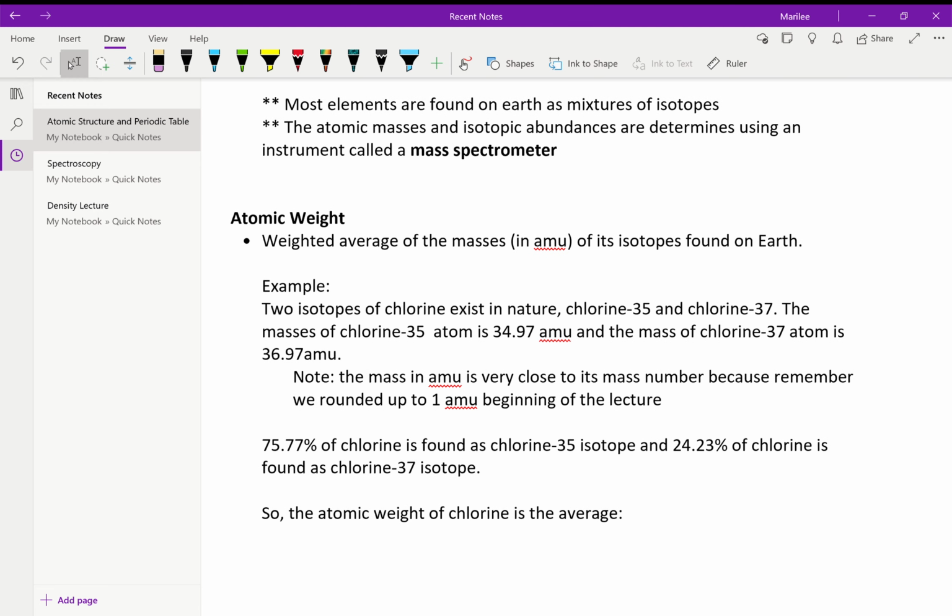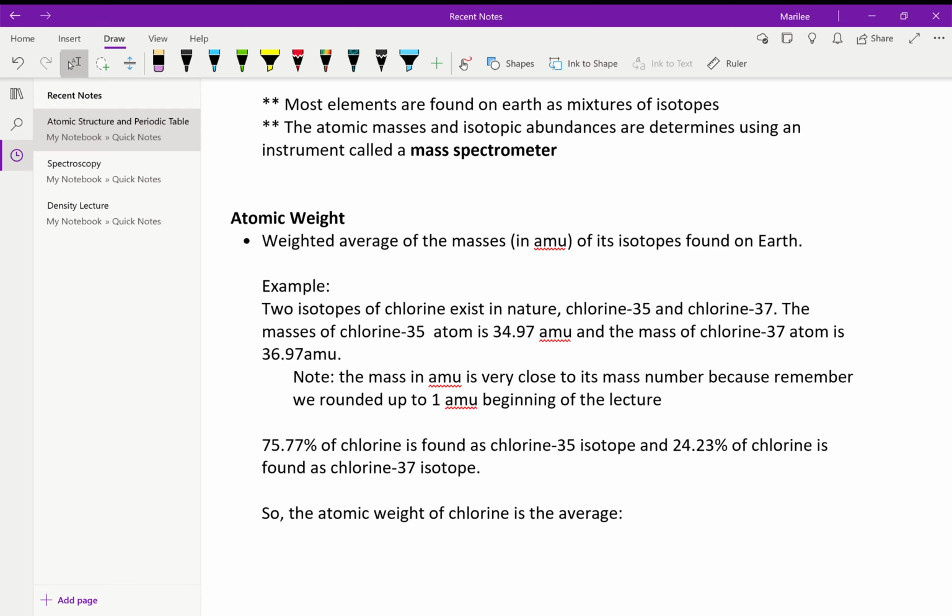Two isotopes of chlorine exist in nature, chlorine 35 and chlorine 37. The mass of a chlorine 35 atom is 34.97 atomic mass units, and the mass of a chlorine 37 atom is 36.97.